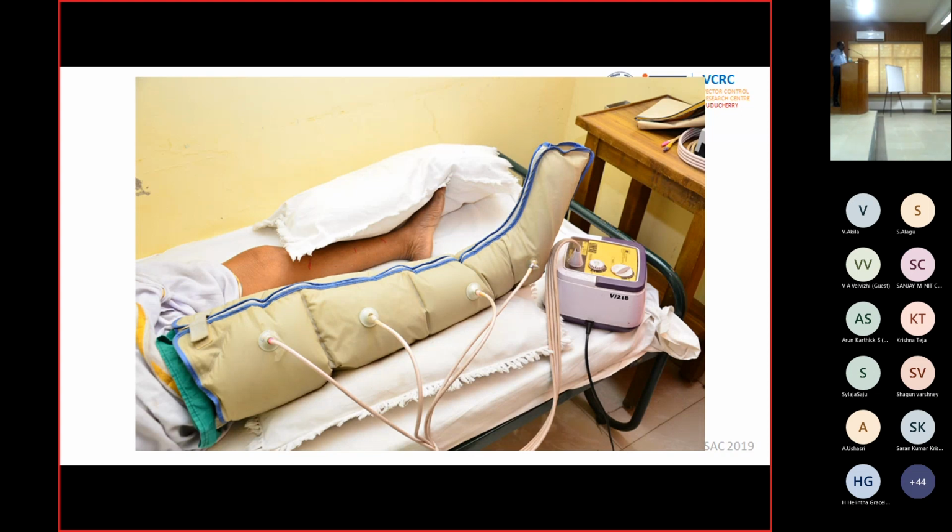Then the second compartment gets deflated, and the third compartment is inflated so that the fluid is pushed upwards. So this is happening in a sequential way. That is what we call sequential decompression therapy.